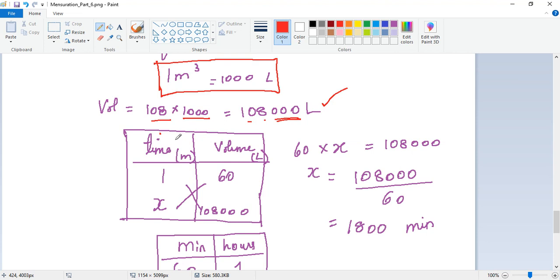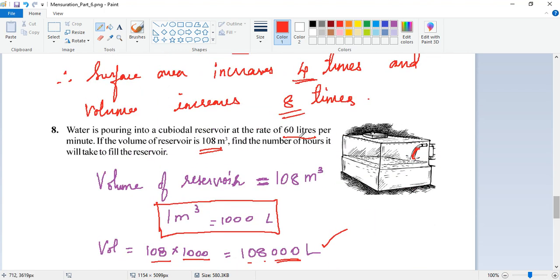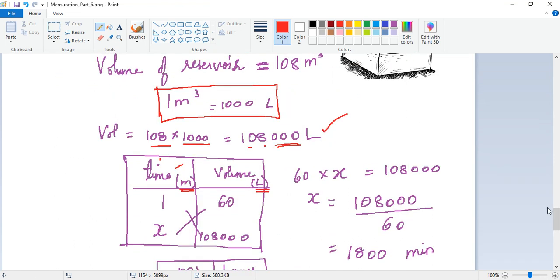Time is in minutes, and volume is in liters. Here you see 60 liters per minute. So every 1 minute 60 liters of water is filled.